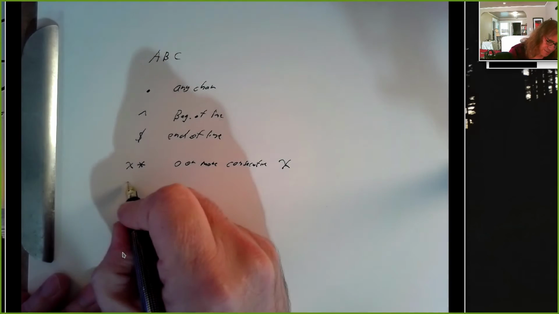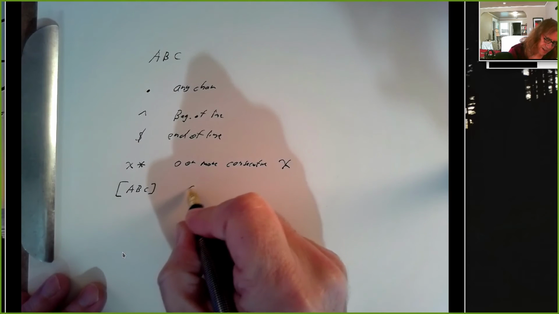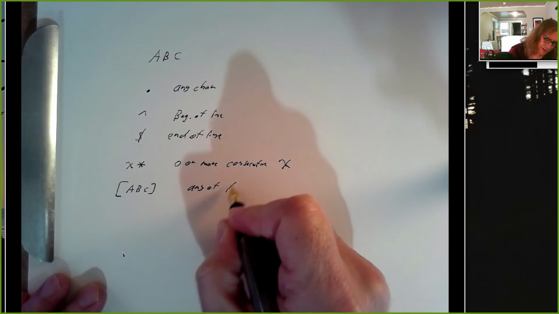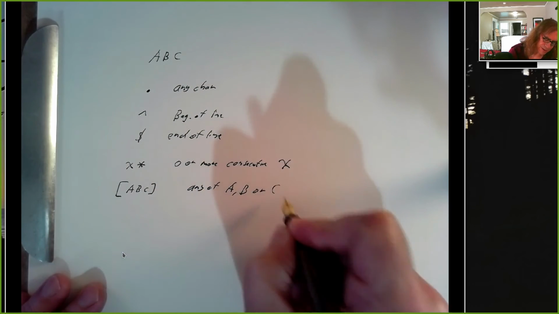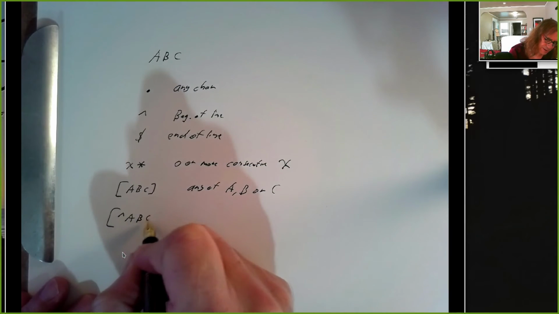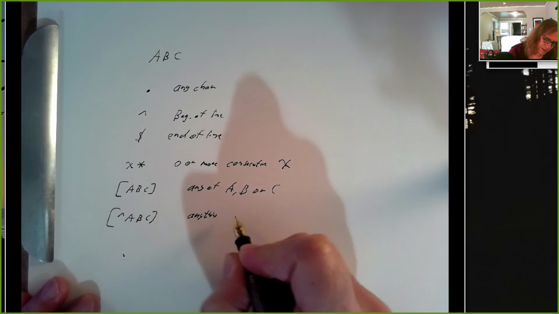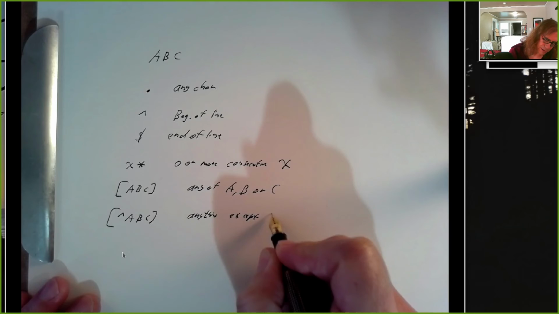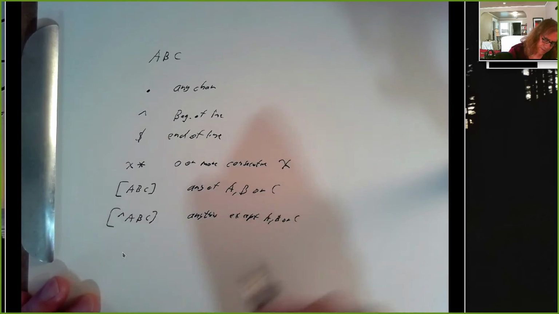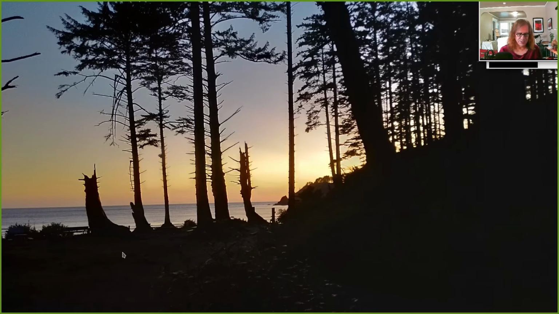And we can also say bracket A, B, C, and that matches any of A, B, or C. And we can say bracket caret A, B, C, and that matches anything except A, B, or C. And that's kind of all we need really for playing around with this to a first order.